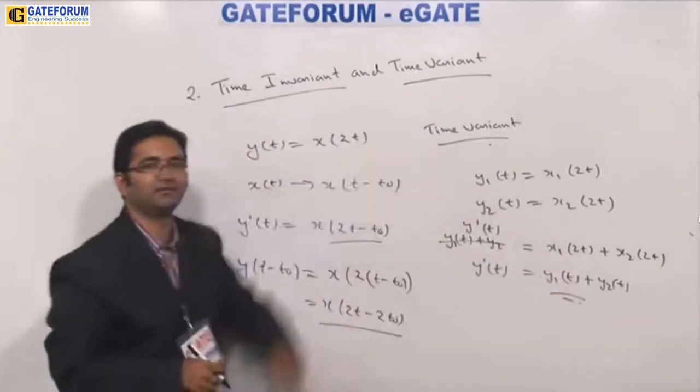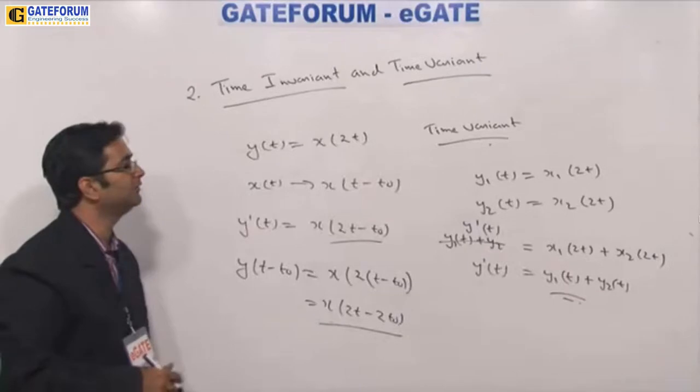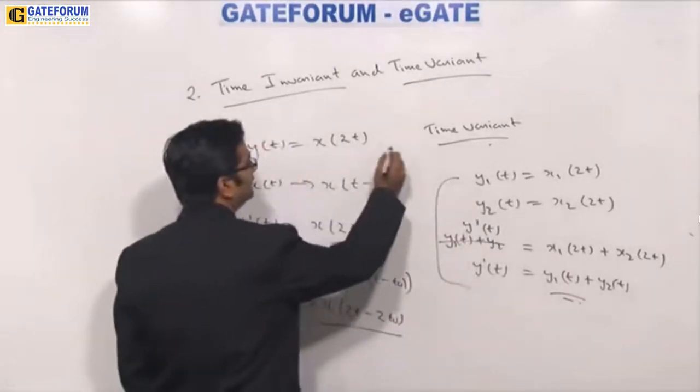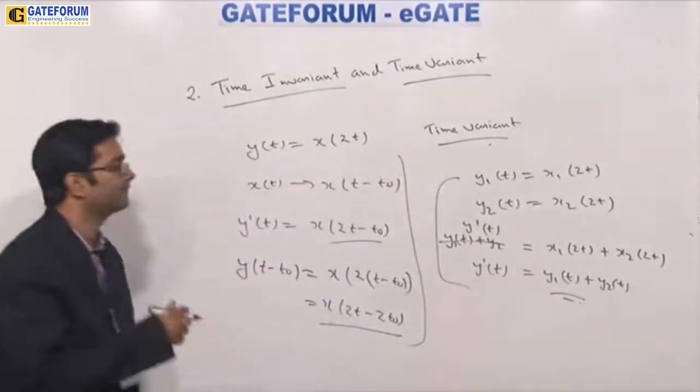It is a linear time variant system. So this is how we find the linearity, and this is how we find the time variance or time invariance.